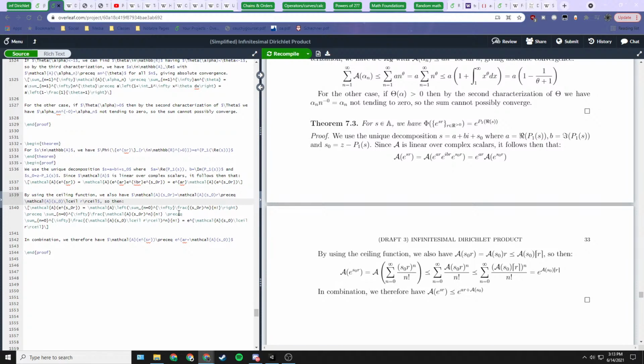Because it's important whether or not the first index is positive or negative. Instead of doing AS0 ceiling of R, we could do e to the power of something like this.